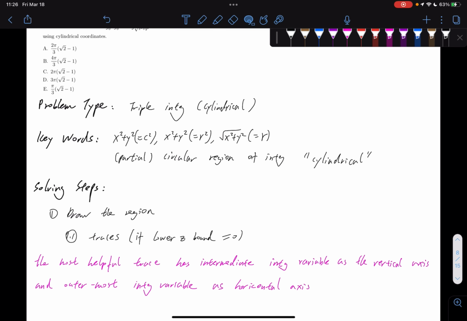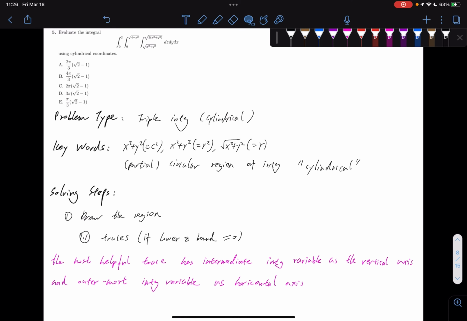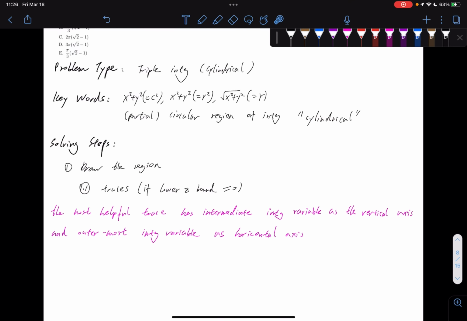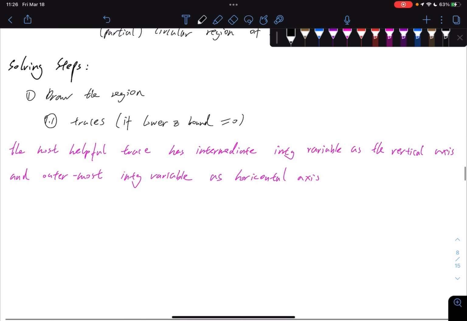The intermediate integration variable is y here, so y will be the vertical axis of our trace, and x is the outermost variable, so that will be the horizontal axis. So we are going to draw a YX trace right here.